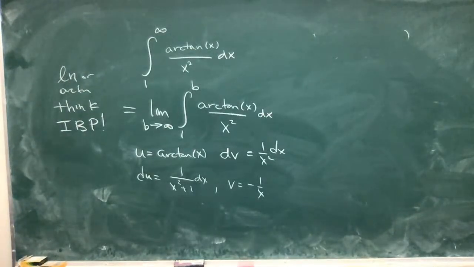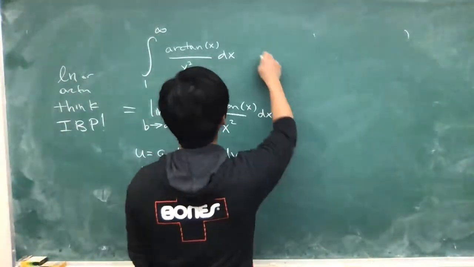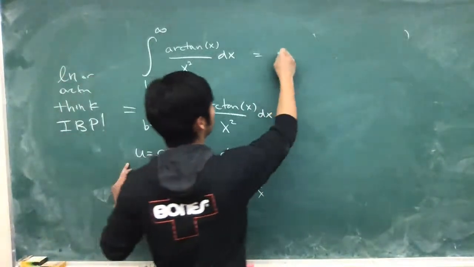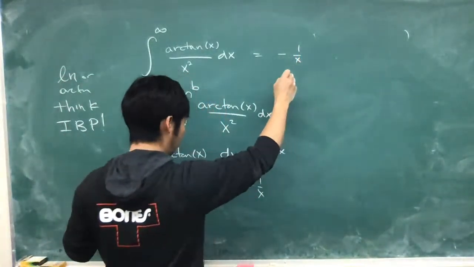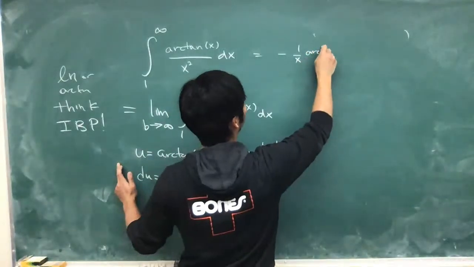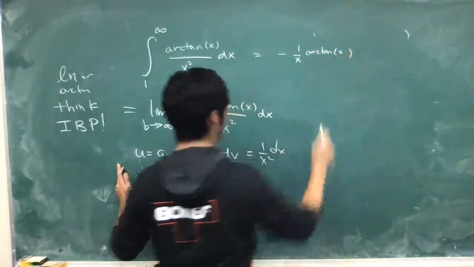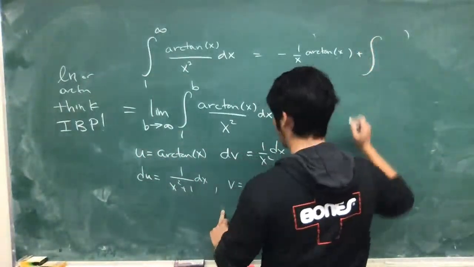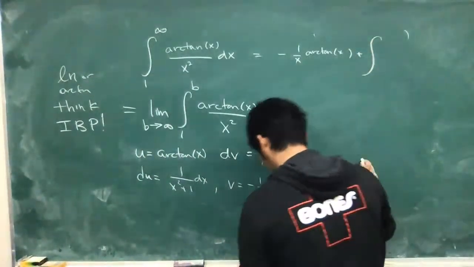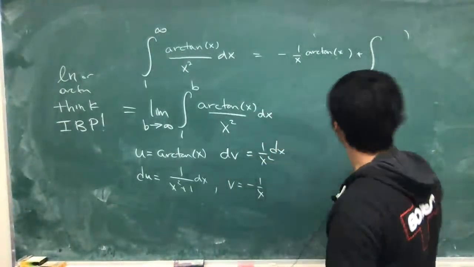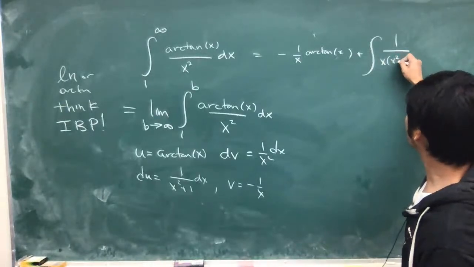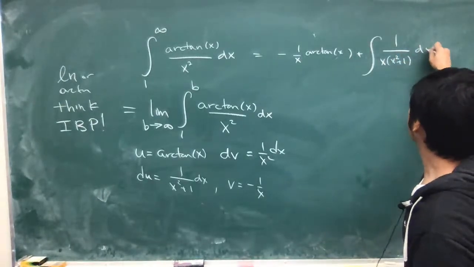So that looks right to me. And so this is going to be uv, which is negative 1 over x arctan of x, plus the integral of 1 over x times x squared plus 1 dx.